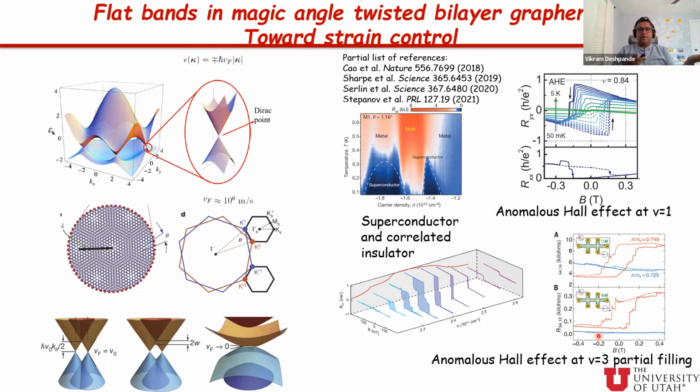You have various different states that appear. So you have superconductors, you have correlated insulating states. Other people have seen various magnetic states and anomalous Hall effects, and even quantized anomalous Hall effects in this material. And so it is indeed a very rich system.